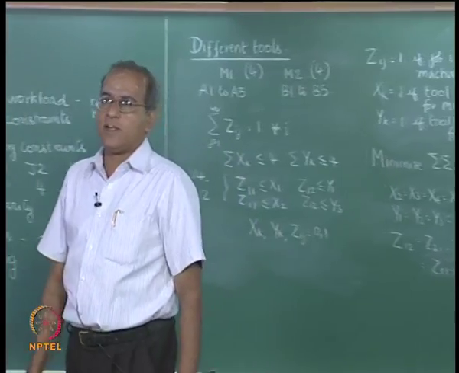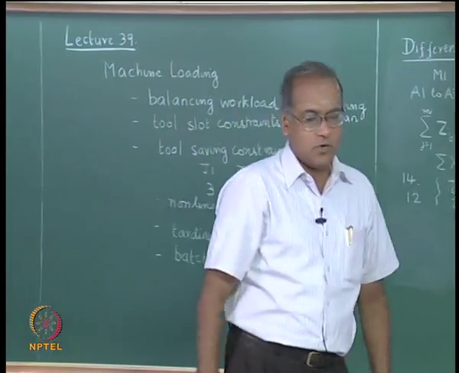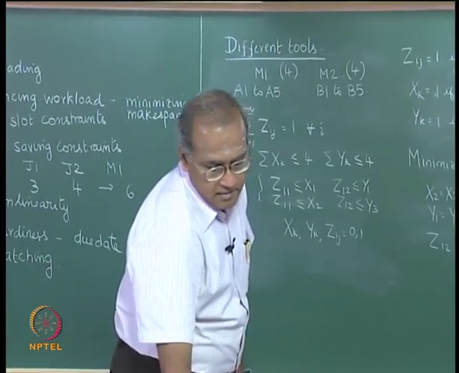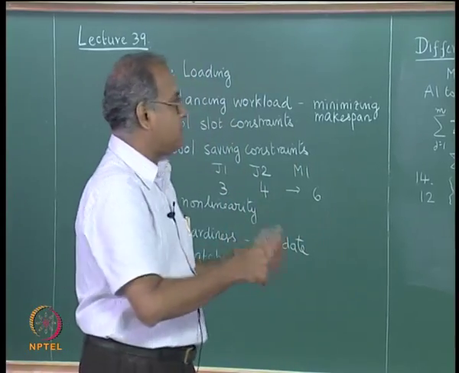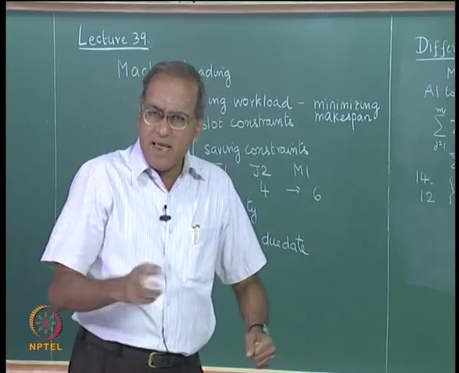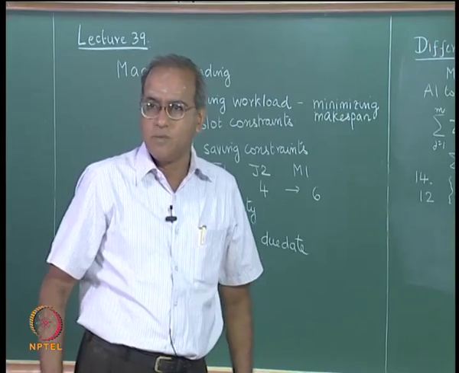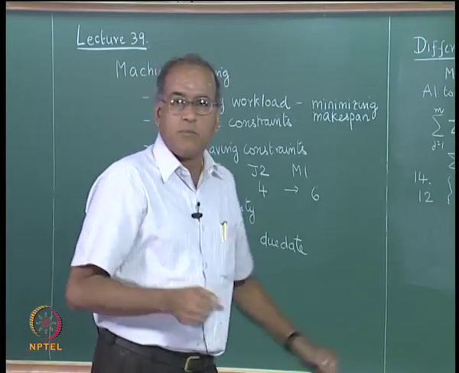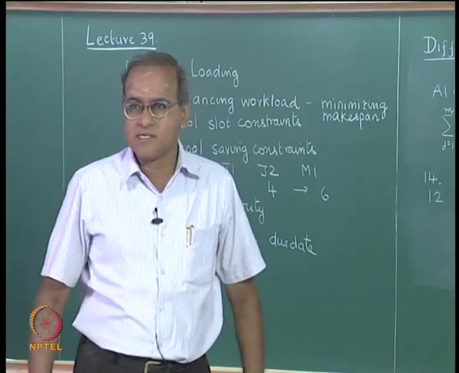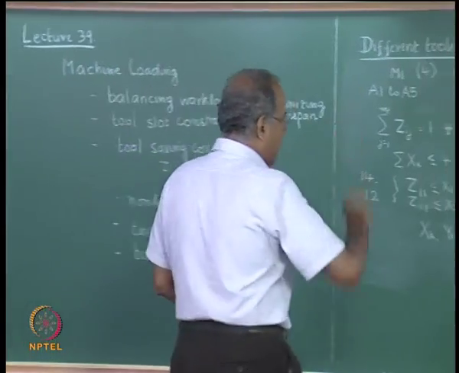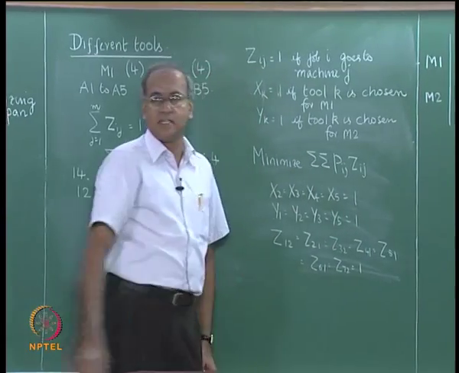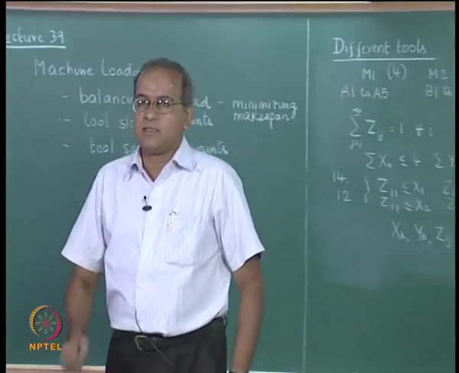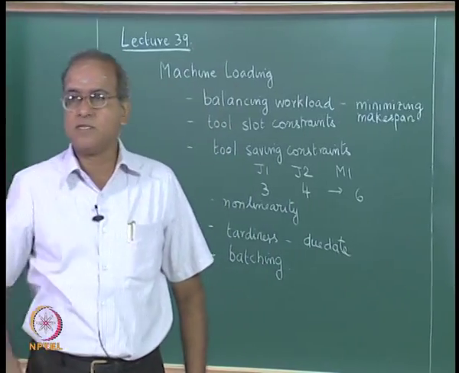So, the loads are 25 and 14 with the total equal to 39. We could solve another problem to balance the workloads. We may get a slightly different solution also, but the total would be 39 or more in such a case. Now, if we wish to balance, then we would minimize u greater than or equal to sum of Pij Xij for both the machines, and then we will be able to balance the workload on that.